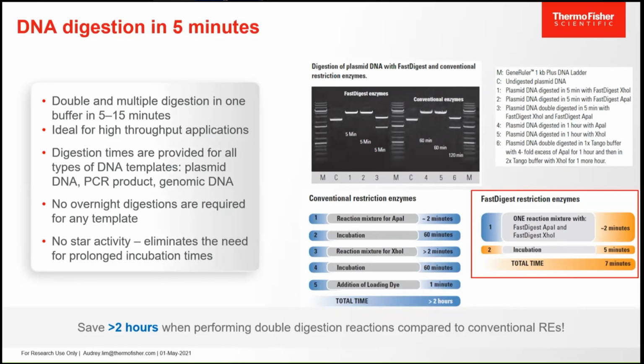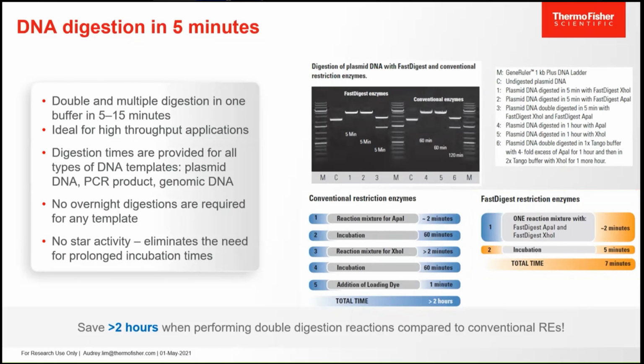What if you have a PCR product, which is not lambda DNA or plasmid or gDNA, and what if the reaction is not in an optimum condition? With FastDigest, the recommended digestion times are provided for all types of DNA template.